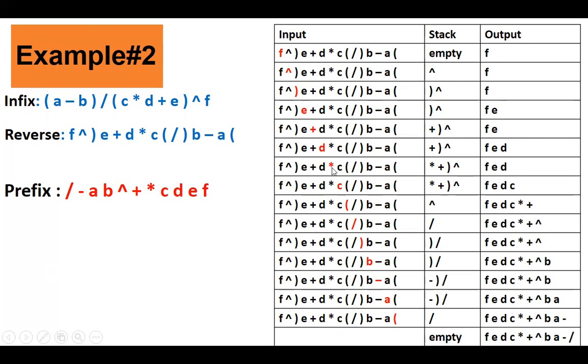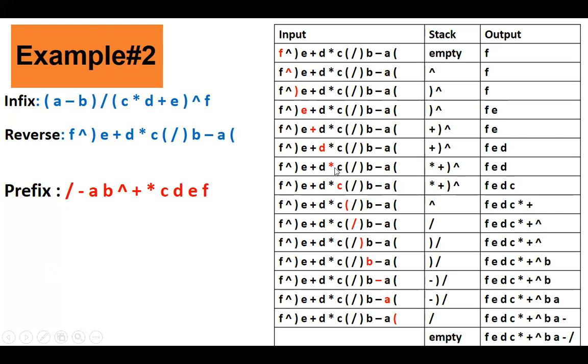Okay, the next step, what you read is a multiplication operator, that is star, right? Whenever you have an operator in the stack and you have an incoming operator, you check the precedence. The precedence of star is greater than plus, which is in the stack.